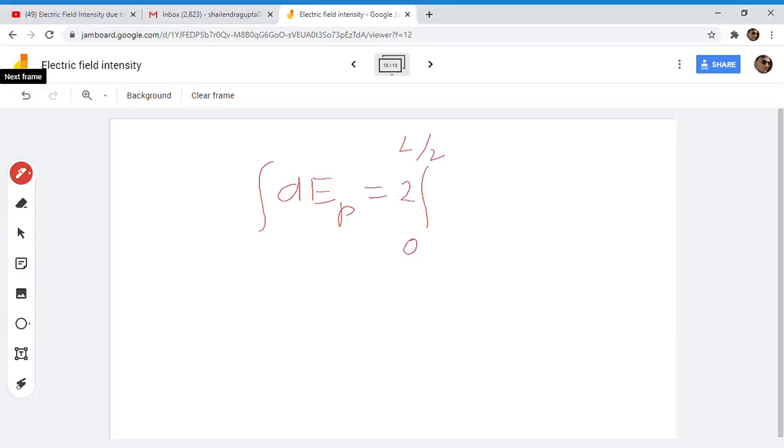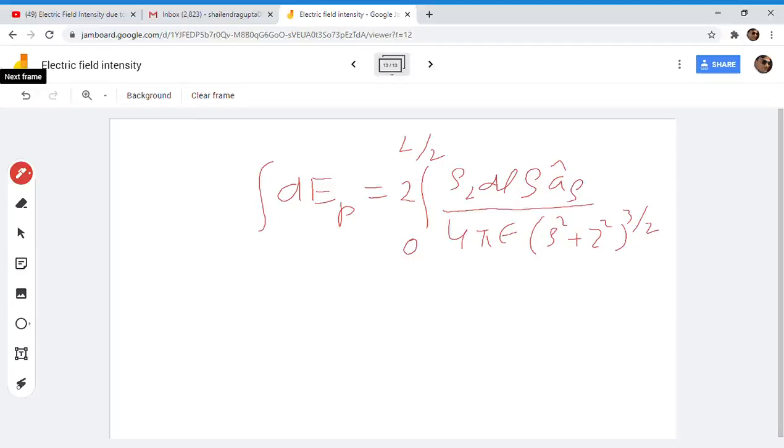So it will be rho L dl rho a rho divided by 4 pi epsilon, rho square plus z square to the power 3 by 2.